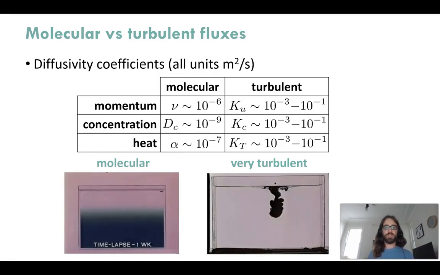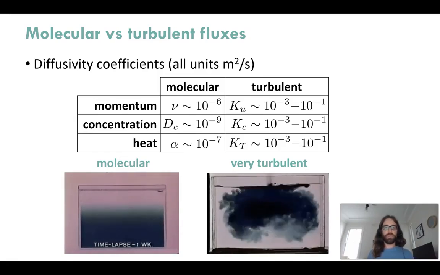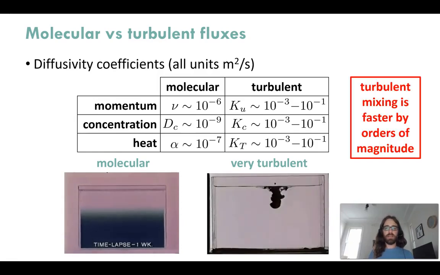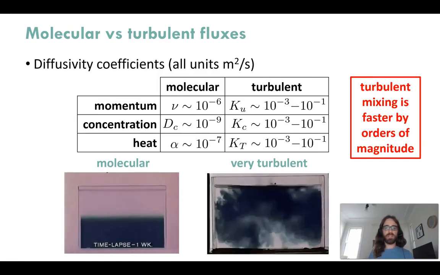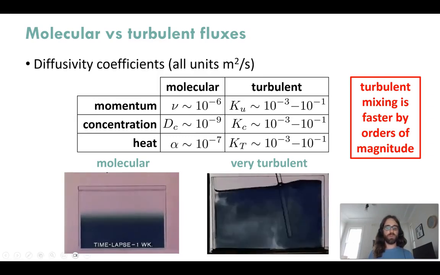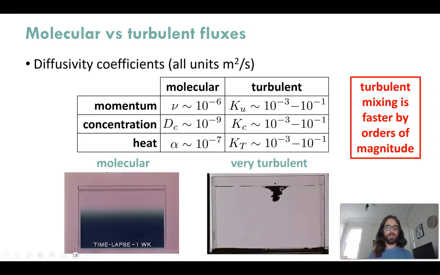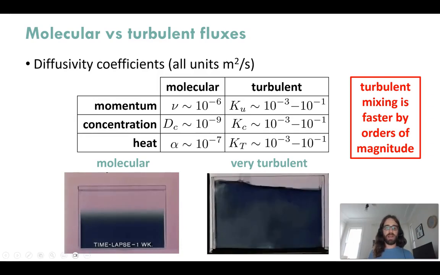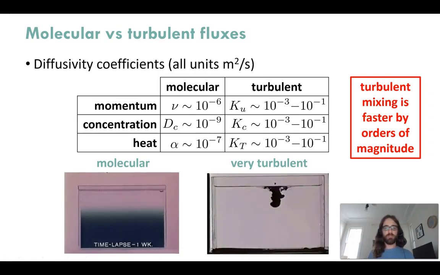However, the values are significantly higher, on the order of 10 to the minus 3 to 10 to the minus 1. This is telling us that mixing due to these turbulent fluxes and turbulent fluctuations is faster than molecular diffusion mixing by orders of magnitude. And so you're going to start to see effects similar to what we witnessed earlier in the videos, where molecular diffusion is much slower than what happens when you apply a macro scale action such as turbulent fluctuations.